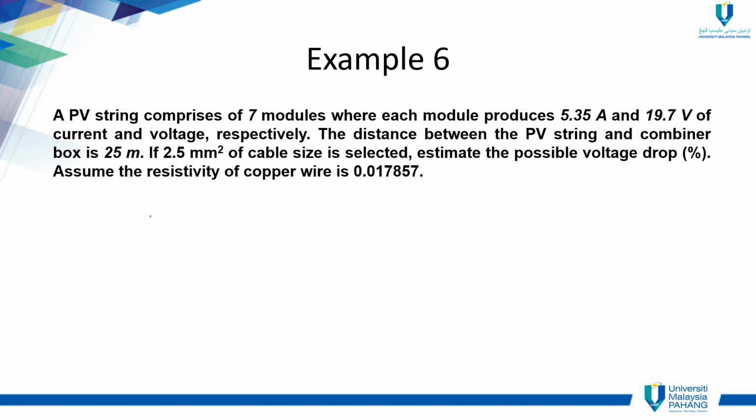Again, almost the same example. A PV string, meaning we have one string comprising 7 modules, where each module produces 5.5, 90.7. Again, it is a series of modules, so the PMP string is 19.7 multiplied by 7. That is the value for the PMP string.